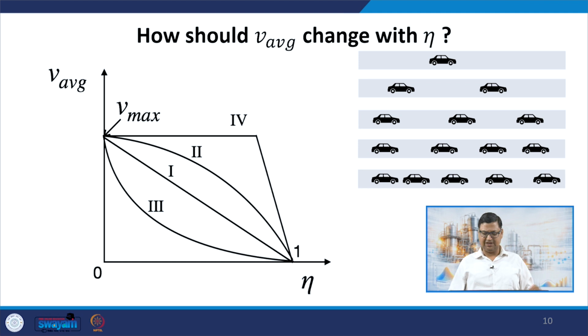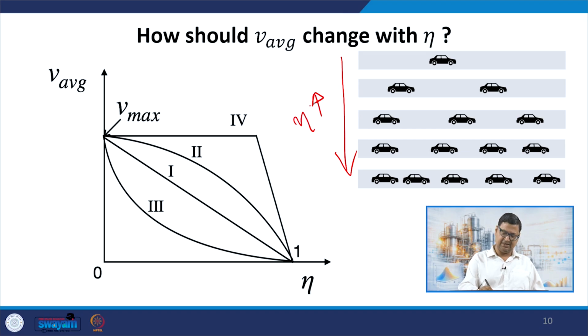Now one thing is very clear: if I am going from up to down here, eta is increasing, and as eta is increasing, the average velocity must go down, right. But how does it go down?